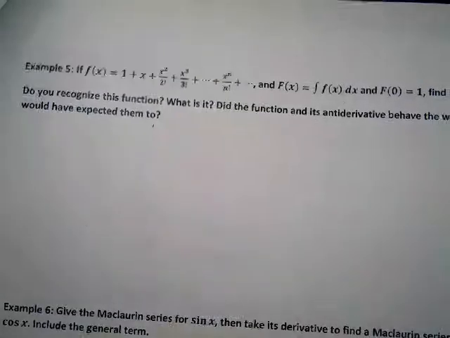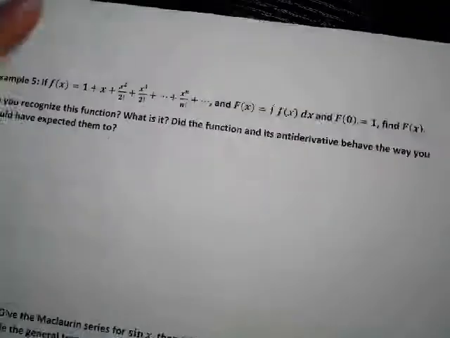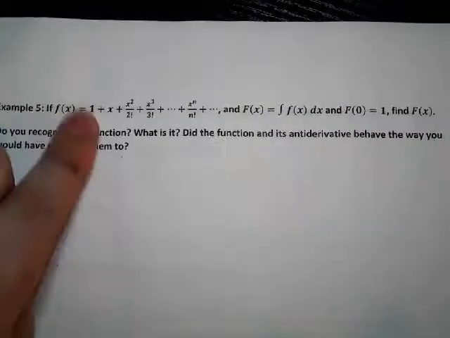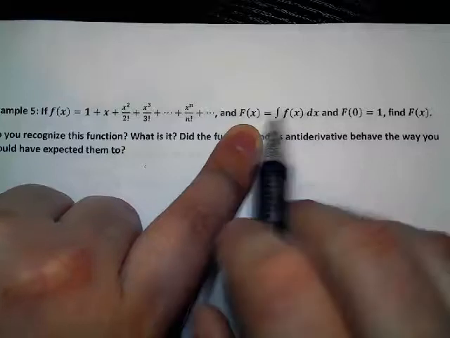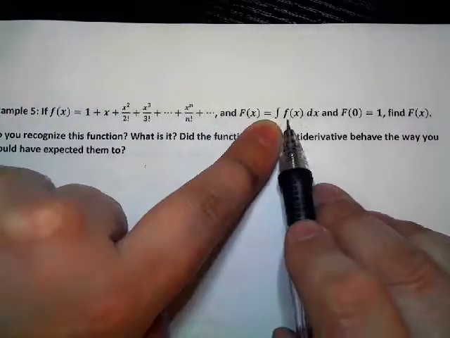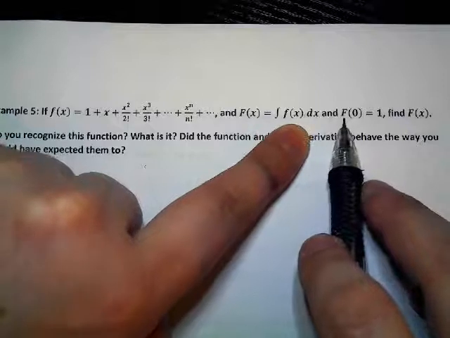All right, example 5 says, f of x is this expression, and capital F of x is the integral of this, and f of 0 equals 1. Find f of x. So what are they asking us to do?